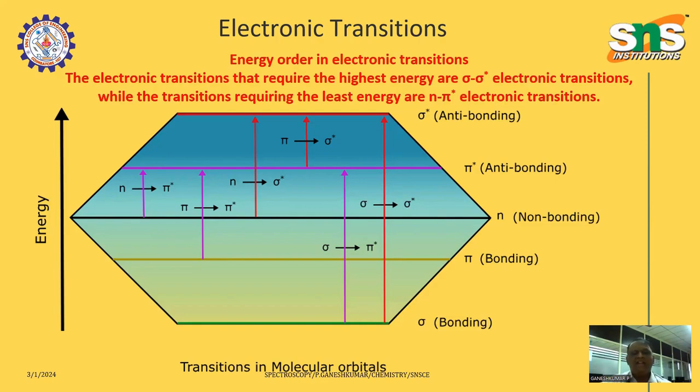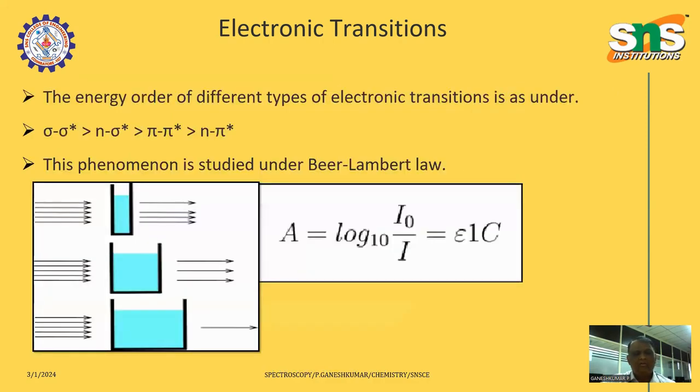By understanding that, we can identify what type of electronic excitation happens in the molecule. The energy order of these different types of electronic transition is: sigma to sigma star is greatest and n to pi star will be less.